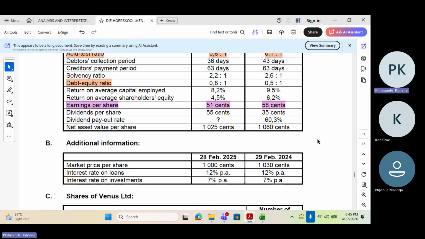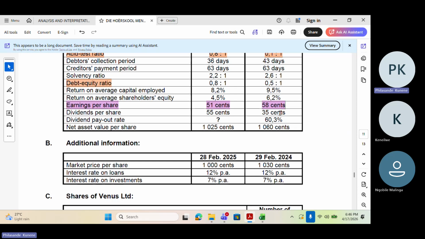Should I be happy about this one? No. Why should I not be happy? The earnings decreased. Exactly, the earnings per share are decreasing, which means the investment of the shareholders is not getting the returns that shareholders are expecting.